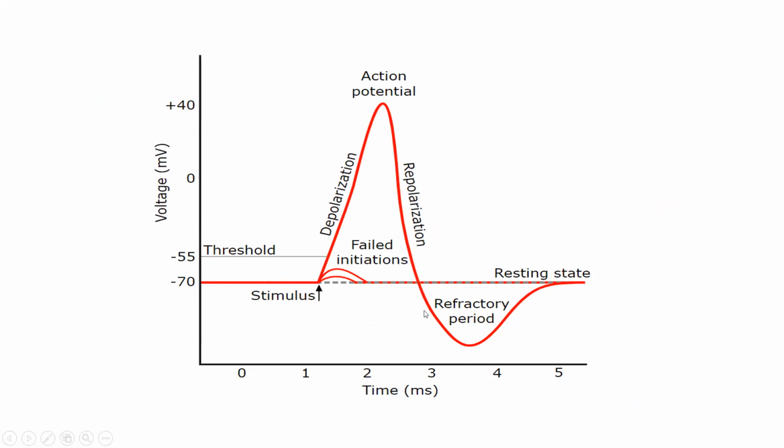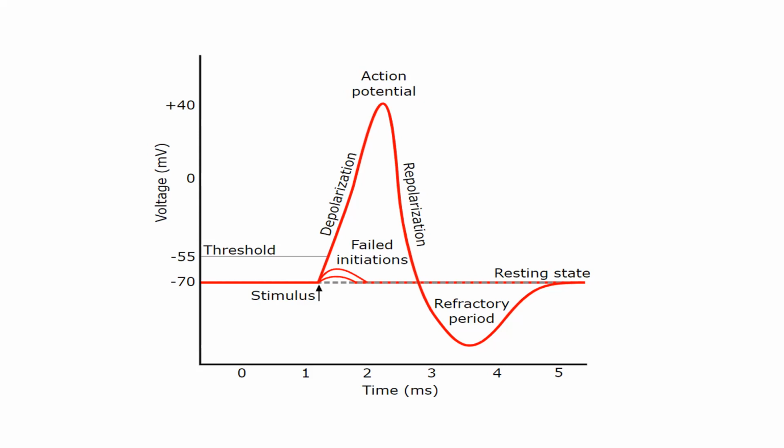And in hyperpolarization, once again, the cell is not ready to start a new action potential. None of the signals can turn on the action potential. That's why this is called the refractory period.